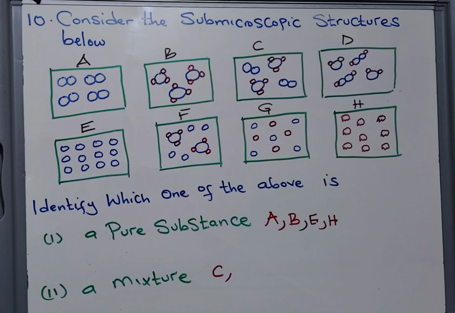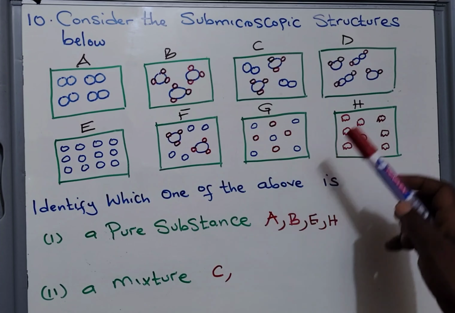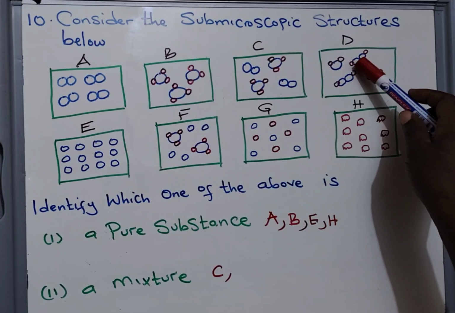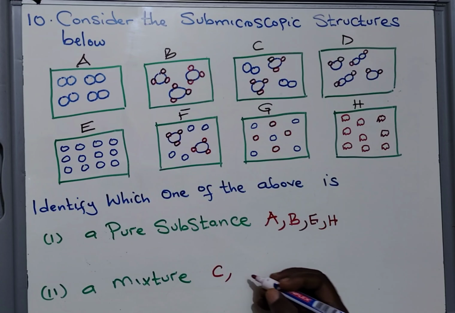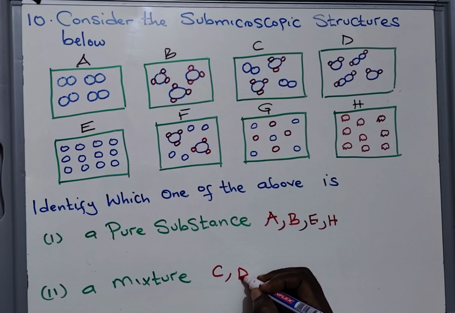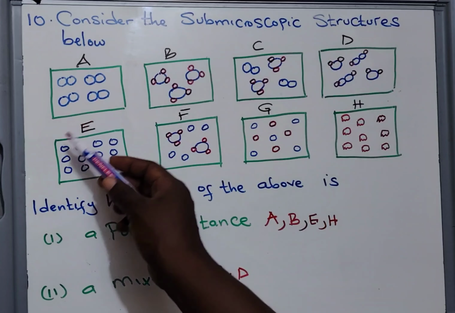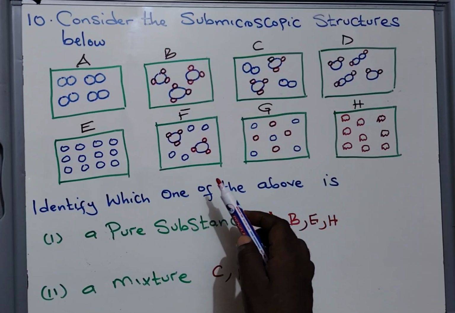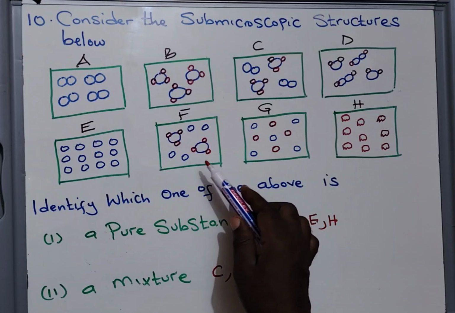Let's go to D. D is also a mixture because it has this central atom with 2 attachments, and there's these 2 central atoms with 2 attachments. So D is also a mixture. Remember, E is pure. It has the same kind of atoms throughout. Then F is a mixture.